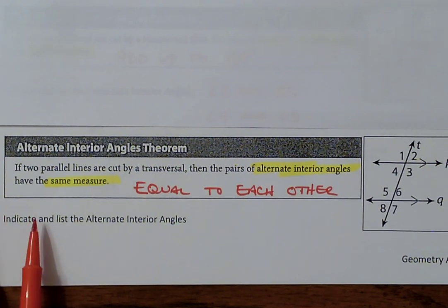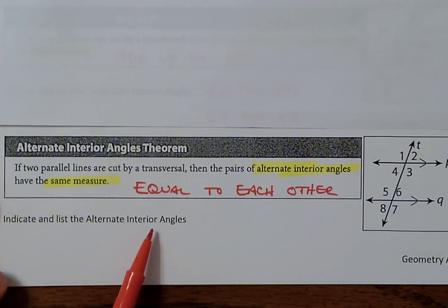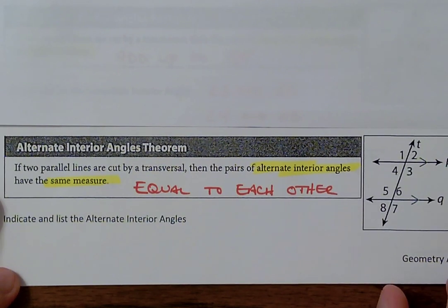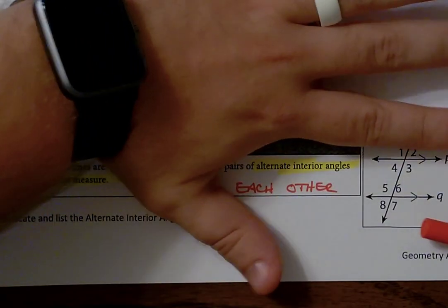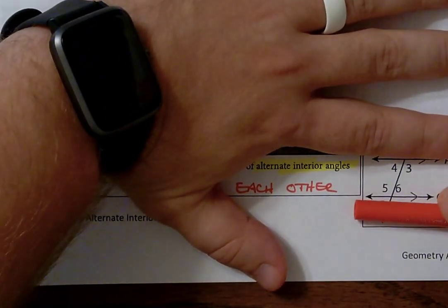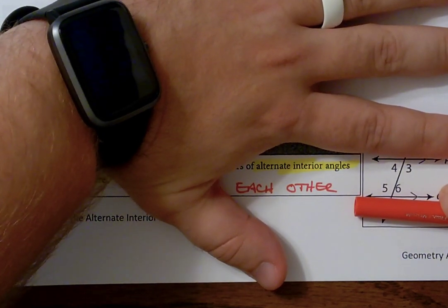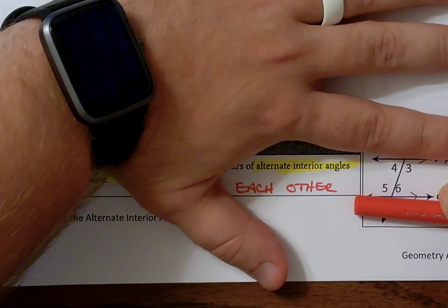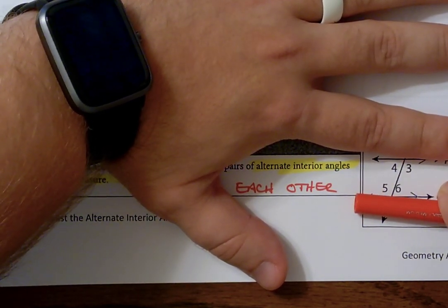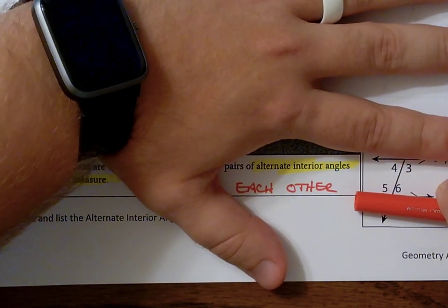Now, it asks us to go through and indicate and list the alternate interior angles based off our diagram. Remember, alternate interior is opposite sides of the transversal, but still in between the parallel lines. So we're going to ignore outside the parallel lines, and just focus on angles 4, 5, 3, and 6. Alternate interior means they need to be on opposite sides of the transversal, but in between.